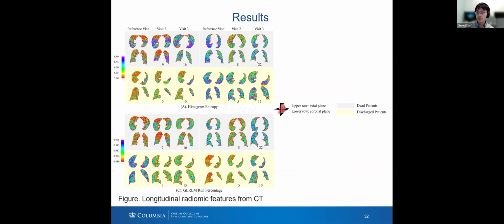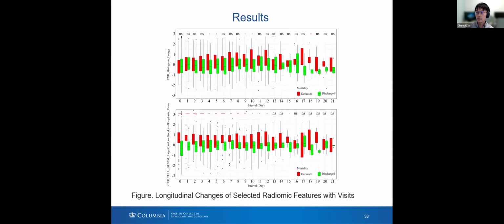And in this figure, several radiomic features for CT between the patients of different outcomes were also shown. So between the consecutive visits, you can see the similarity or the progression of the radiomic feature maps. Even though the progression patterns among different patients vary, this makes the direct comparison between different patients difficult due to variable time intervals.